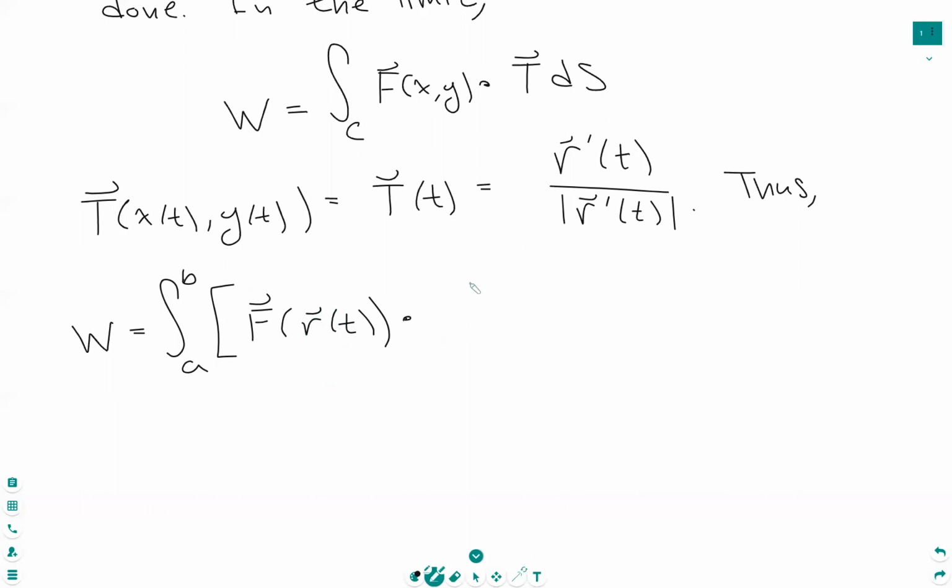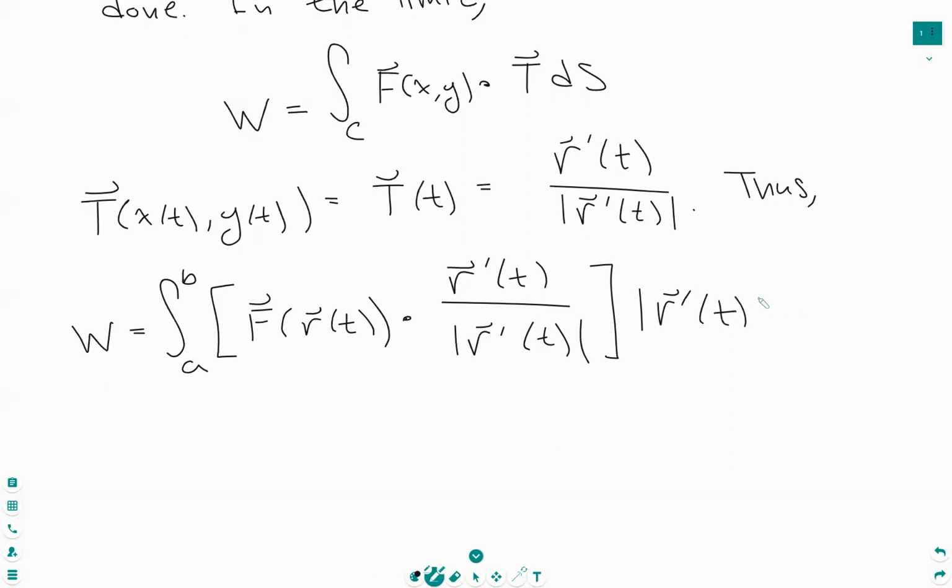Dotted with r prime of t over the magnitude of r prime of t. And then we substitute ds in for dt. So we have the magnitude of r prime of t dt.